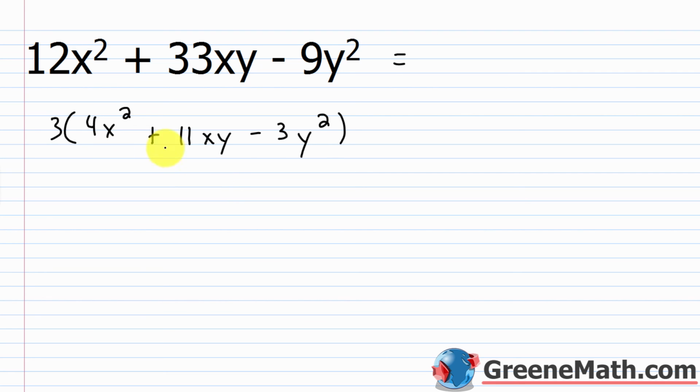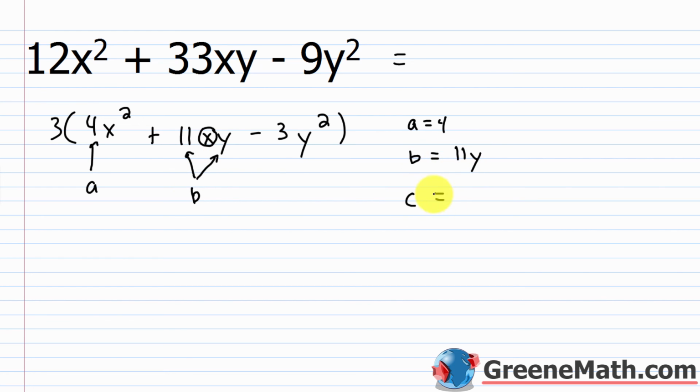So once I've done that, again, I want to use the same process. Doesn't matter that there's two variables involved. I can label this as A. Okay, so I can say A is 4. I can say B is what? Remember, it's the coefficient for x. So if x is being multiplied by 11 and by y, I could really say that B is 11y.